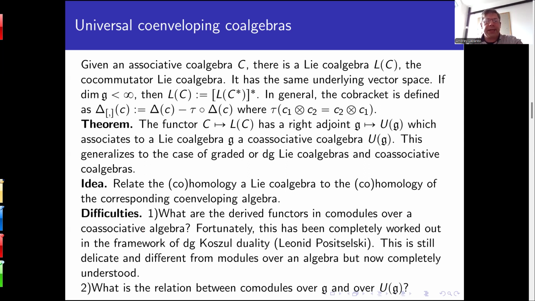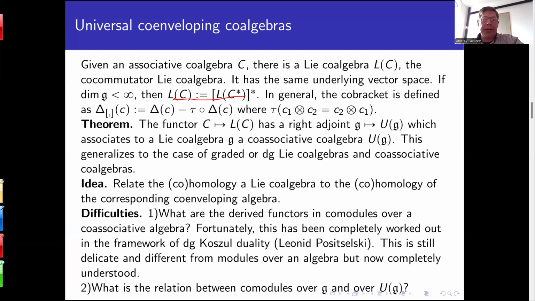Just as in the case of associative algebras, for associative coalgebras there is an associated commutator, or co-commutator, Lie coalgebra. It has the same underlying vector space, and in the case when the dimension of this vector space is finite, it essentially reduces to the familiar construction of the commutator Lie algebra.